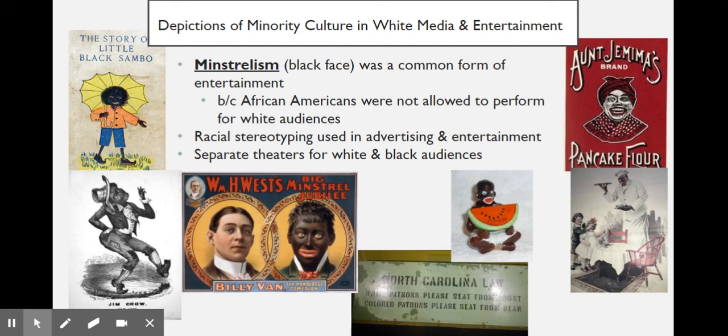Even selling food. As food becomes more processed, products like Cream of Wheat, Uncle Ben's rice, Aunt Jemima pancake flour. These were not products made by African Americans, but they had African American characters that sold those products. And yes, today we have Flo selling insurance, but these were used again as a stereotype. Well, how do I know that this is good pancake flour to use? Well, because our character is an African American woman who works in the kitchen.